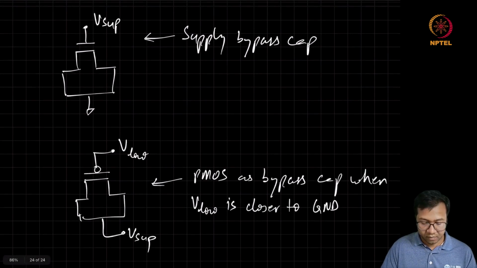In other applications, this can also be used as a two-terminal device, but we have to be careful in making sure that these MOSFETs are biased in the appropriate inversion region.